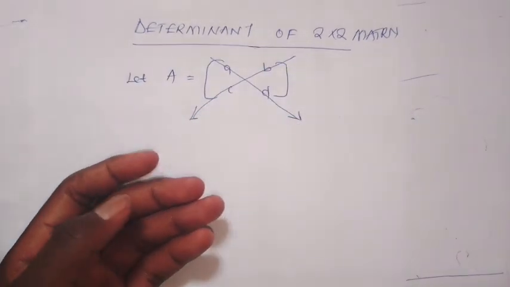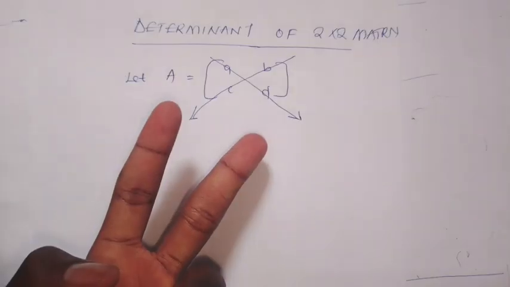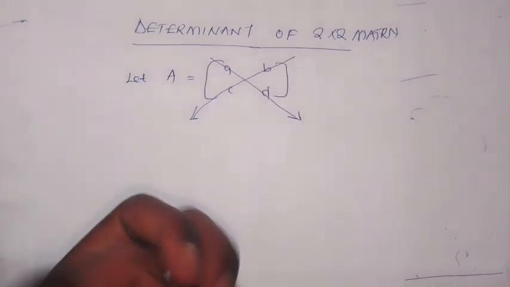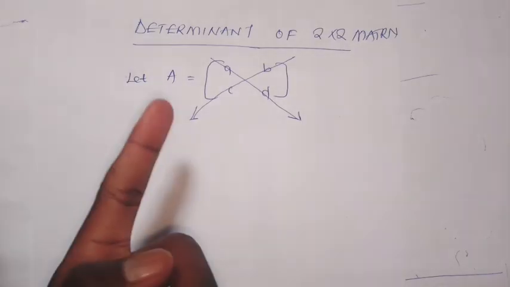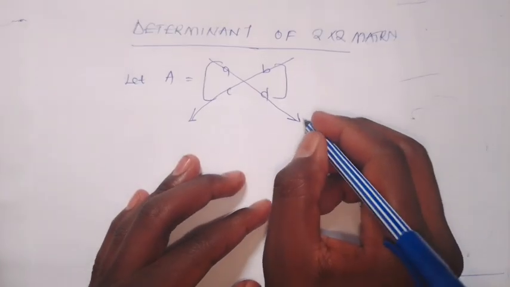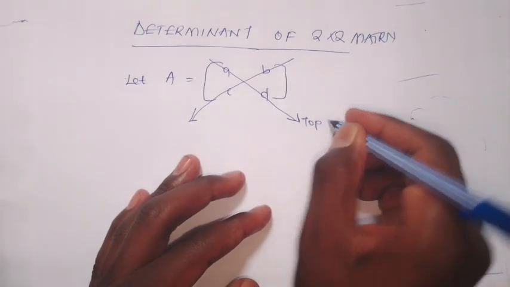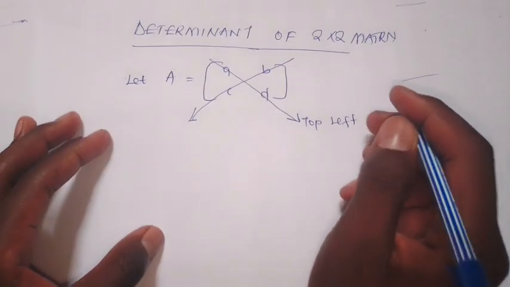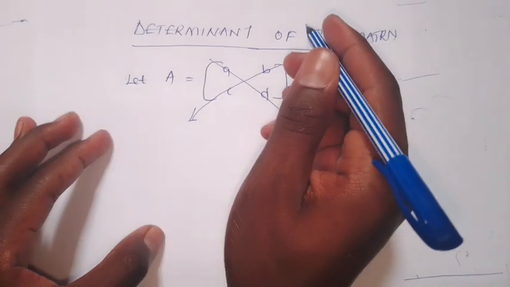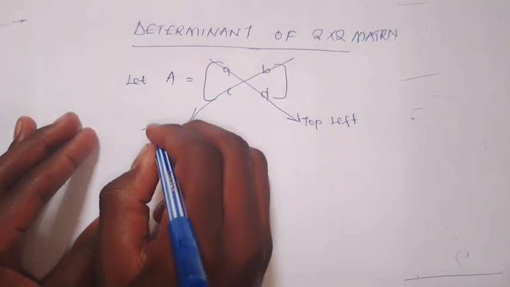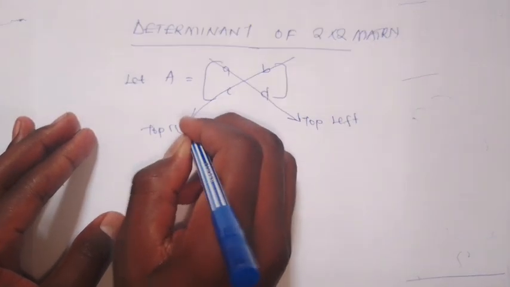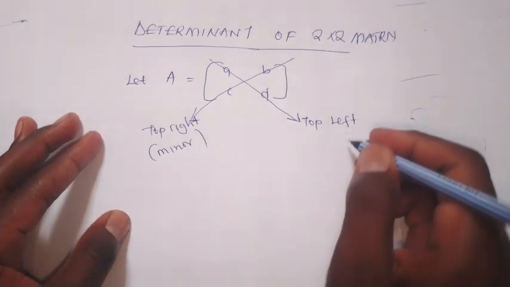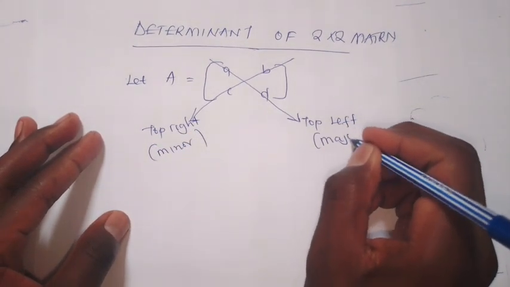So between these two, there is a major and a minor diagonal. So the major diagonal starts from top left. Then the minor starts from top right. This is the minor diagonal. And this is our major diagonal.